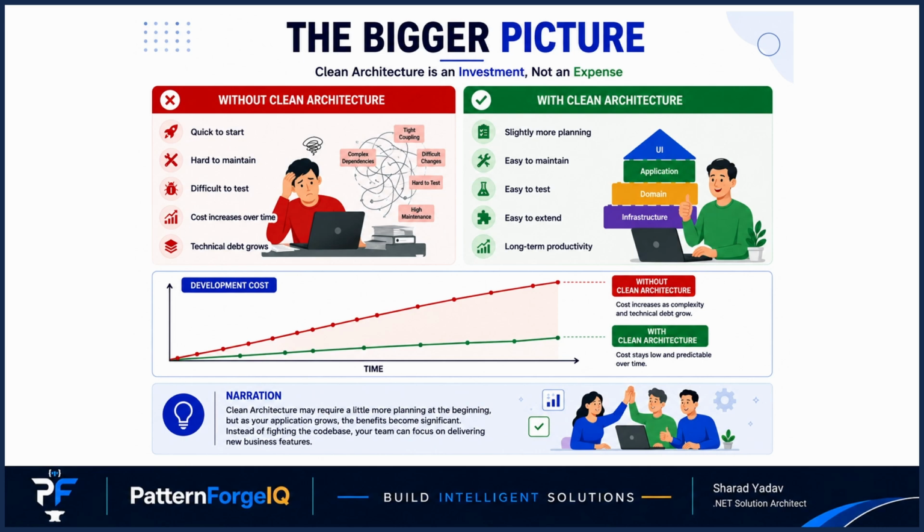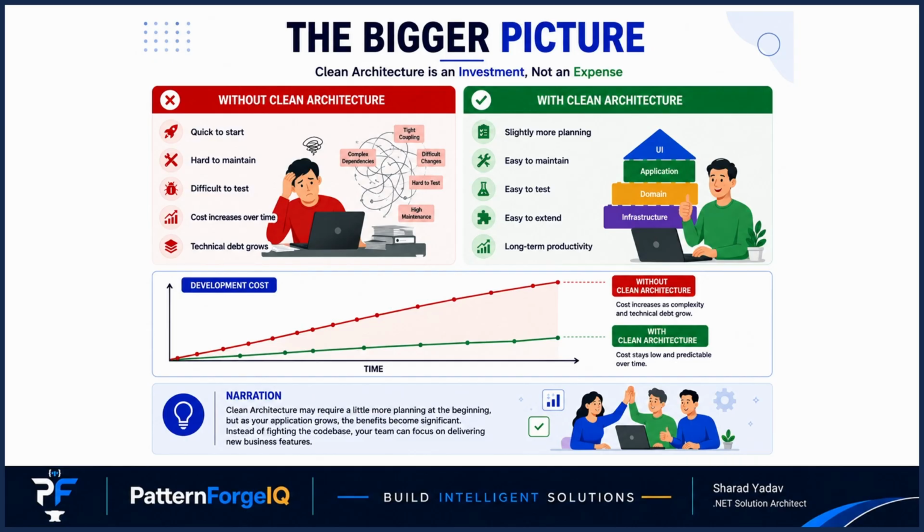After that, we explored testability, where our business logic could be verified independently without relying on SQL Server, Entity Framework Core, or the Web API. And finally, we saw extensibility, where new functionality could be introduced by adding new implementations instead of repeatedly modifying stable business logic.